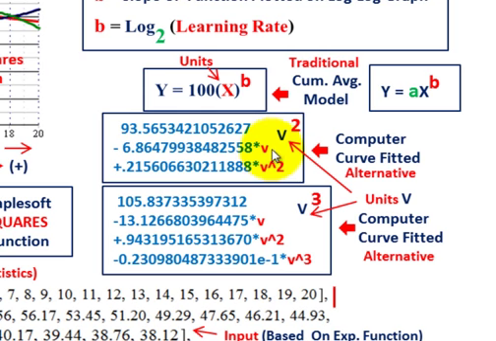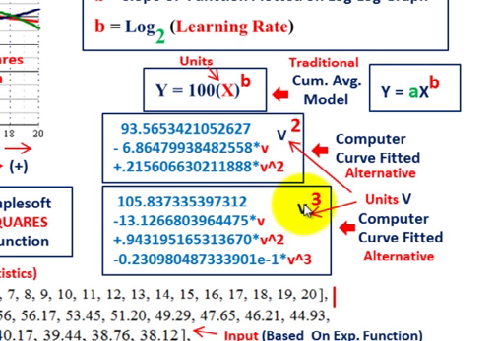So all you're going to do is, in your computer package, put some v quantity in, just like you would put some x quantity in, and it's going to give you some y amount. It's going to be the average time per unit in this case, based on that cumulative average model we're looking at. So you would have some amount coming out for your second degree polynomial.